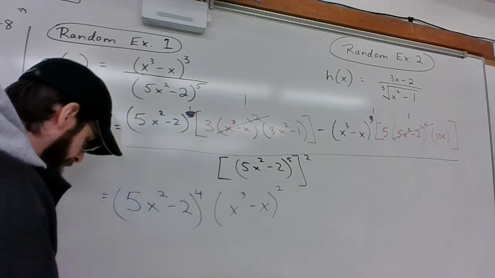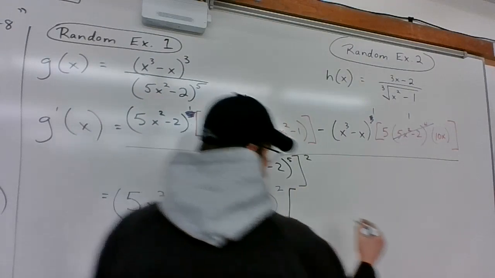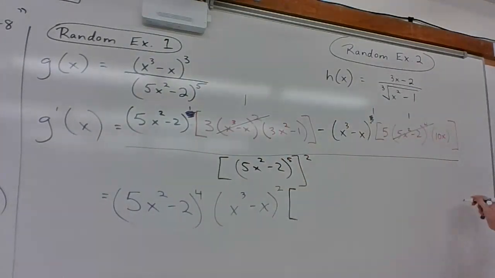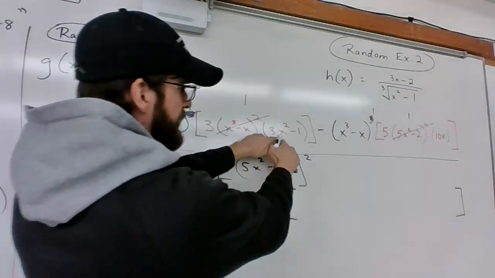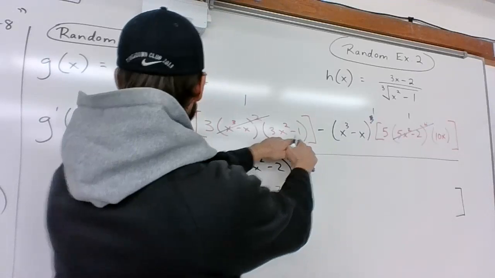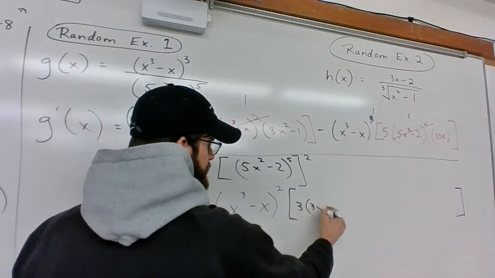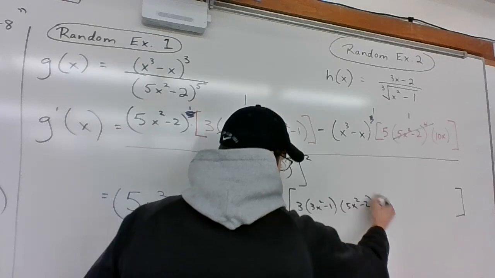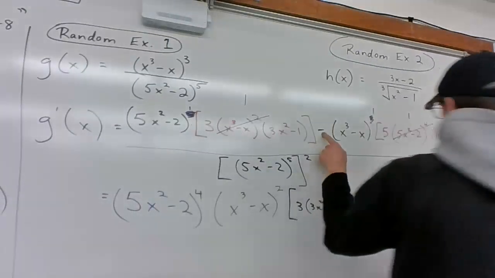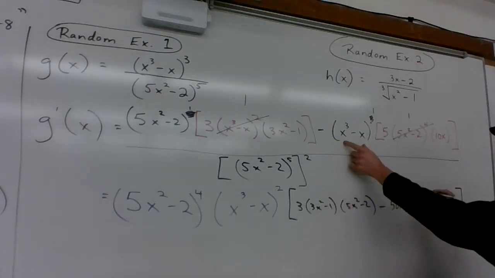So at this point, I'll put in black everything that remains on top. So you have 3 times 3x squared minus 1, times 5x squared minus 2, subtracting 50x times x cubed minus x.